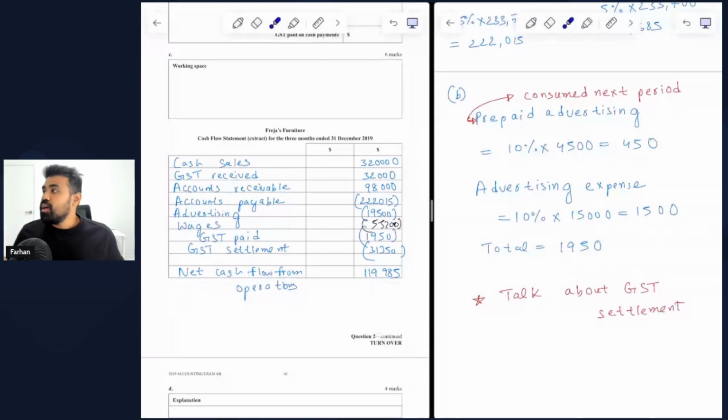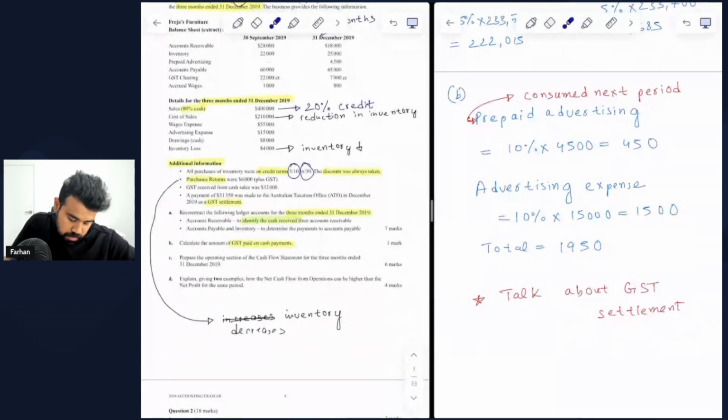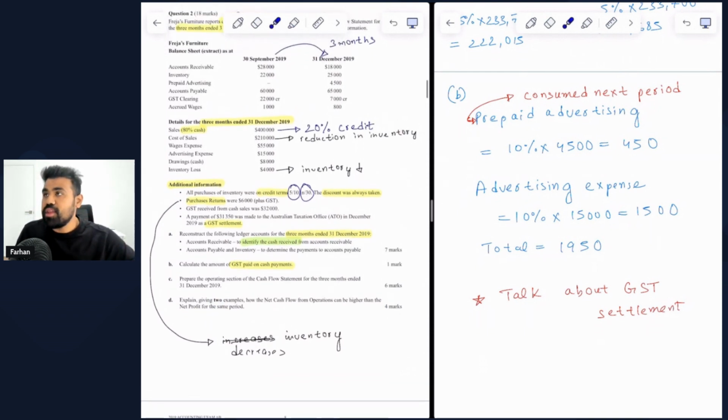All right. So now the last part of the question, which is question number D. Explain giving two examples how the net cash flow from operations can be higher than the net profit for the same period. Okay, so when can net cash flow be higher than net profit?